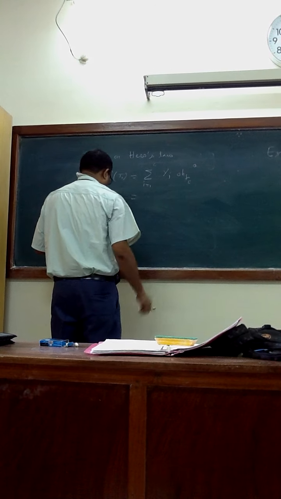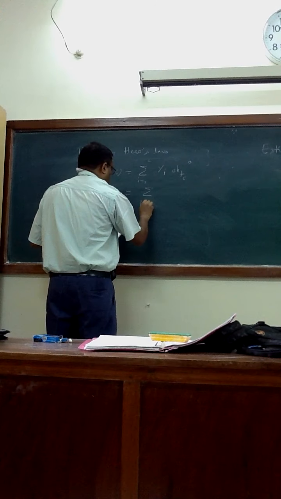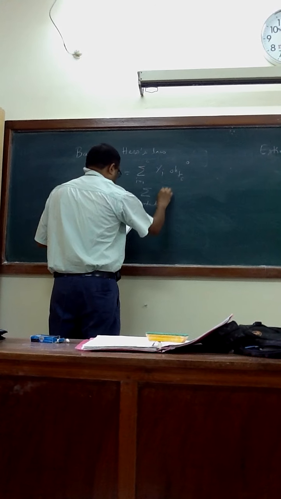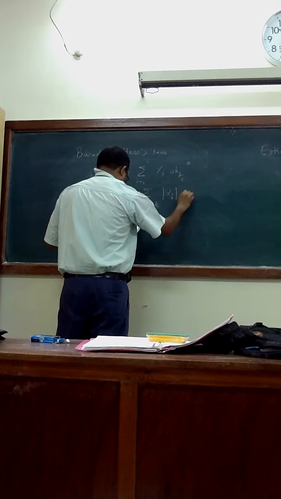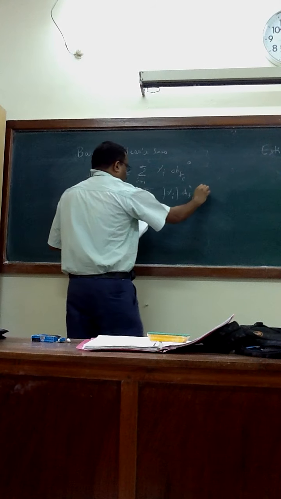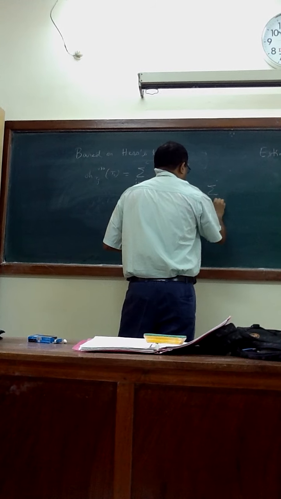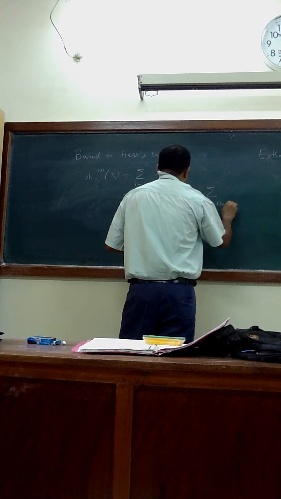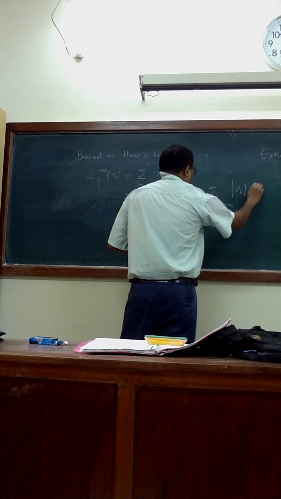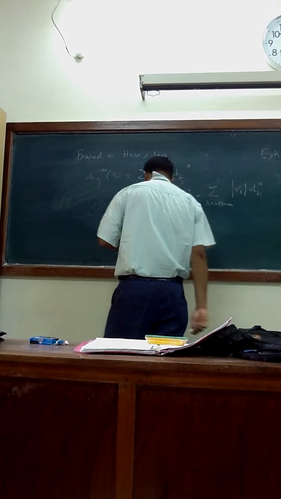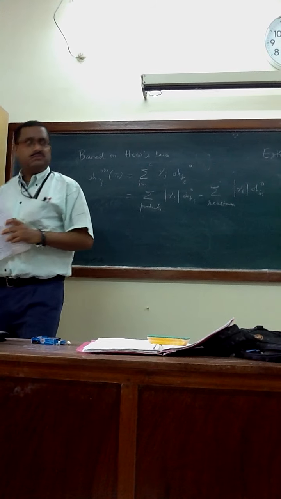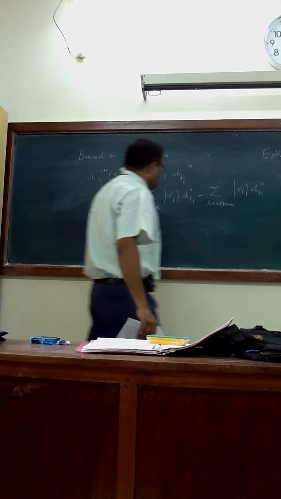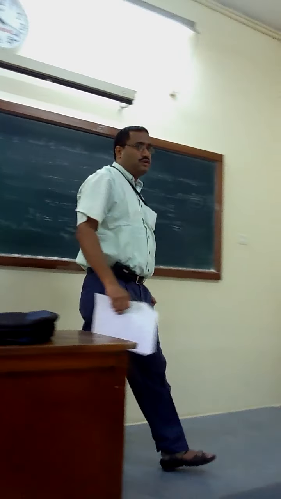Okay, which could be the summation over products of mod nu i delta H i formation 0 minus the reactants delta H formation 0. So now you can see that this actually makes sense.